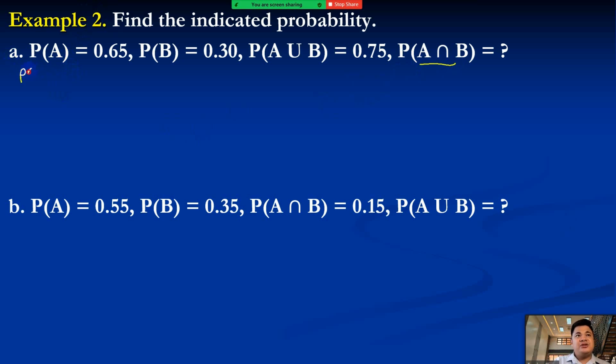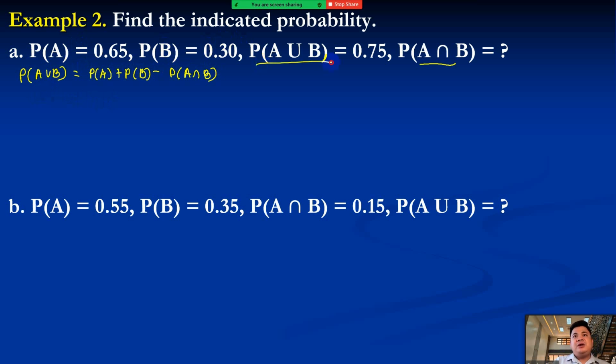So the formula that we're going to use is the probability of A union B, or A or B. You have to remember, to identify what formula you're going to use, first check the word or. If it is or, it means that you're going to use one of the formulas for the union of two events. The probability of A union B is equal to the probability of event A plus the probability of event B minus the probability of A intersection B. Then substitute the values.